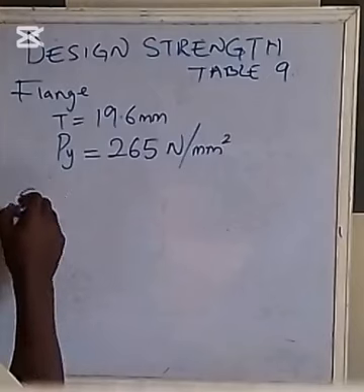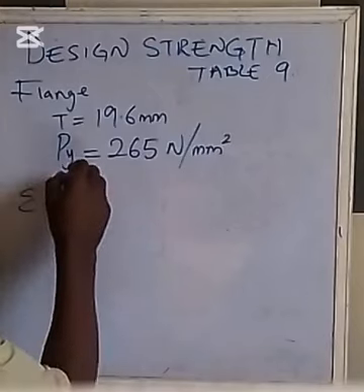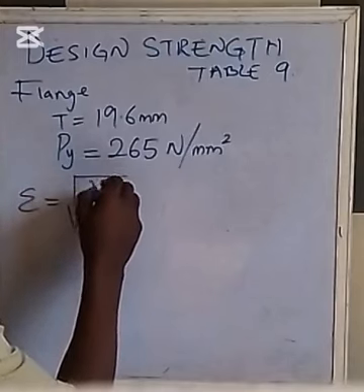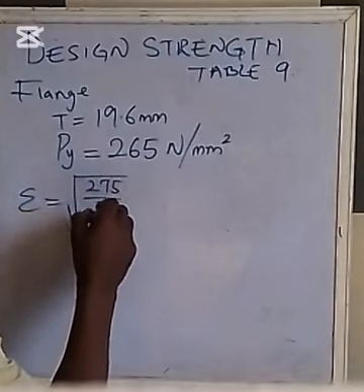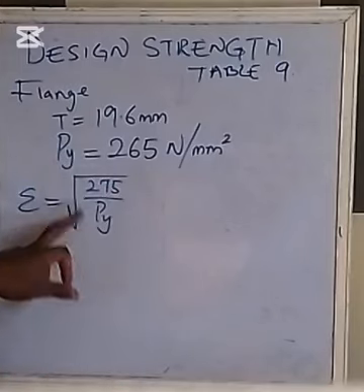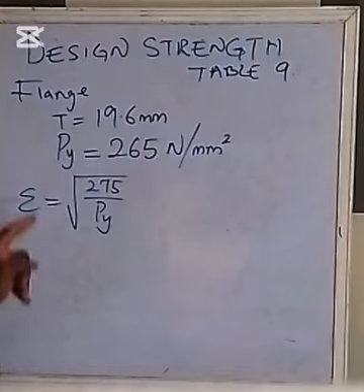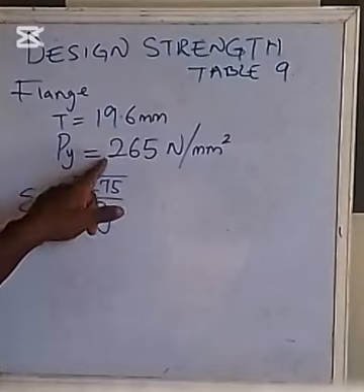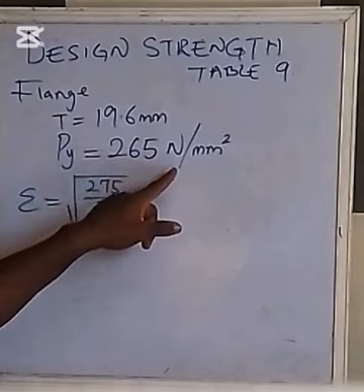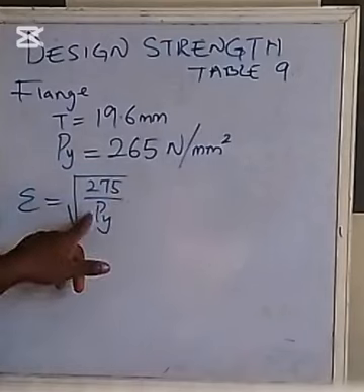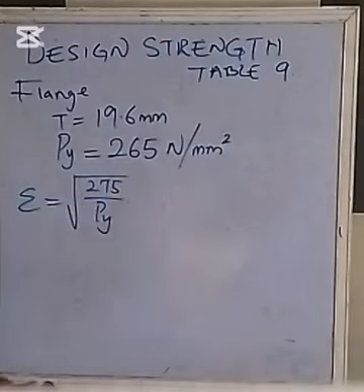So now we will determine this using this formula, the square root of 275 all over Py. So now we already know what our Py is for the flange. You are going to substitute the value of Py, which is 265 Newton per millimeter square, in this formula to get this.